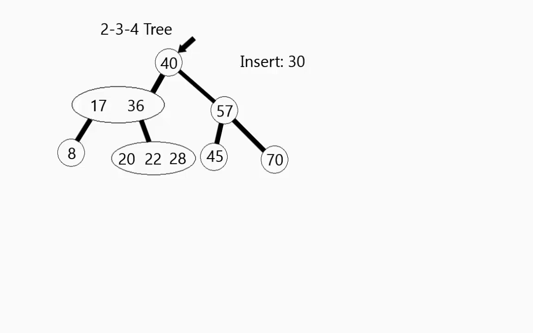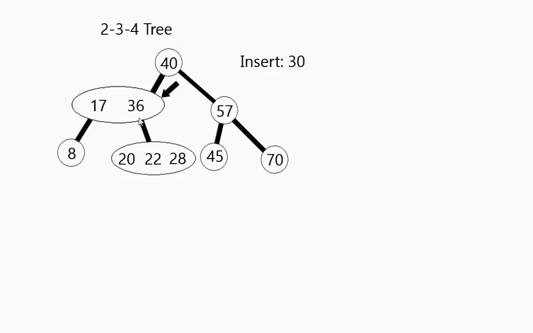So if we want to insert this 30 into this 2, 3, 4 tree, we start up at the root. If it's a 4 node, we do stuff, otherwise we keep going down the tree. A 4 node is technically what it is, which is one of these 3 number ones, which would have 4 potential children. So we go to here, because it's on the left of the 40.